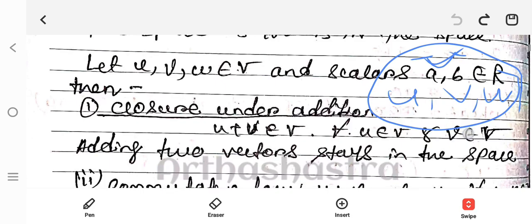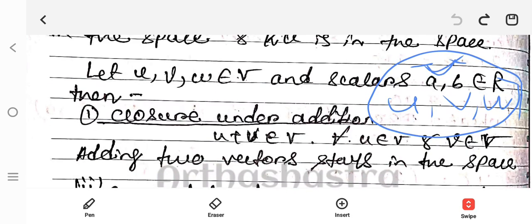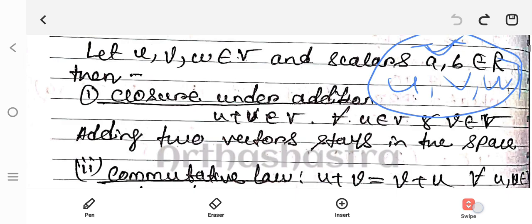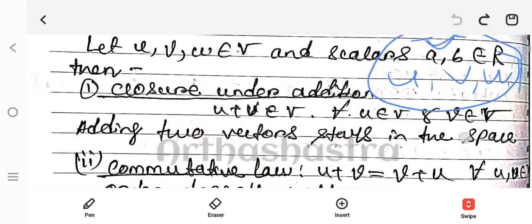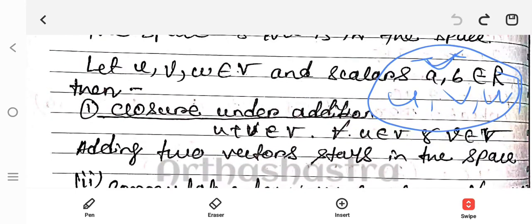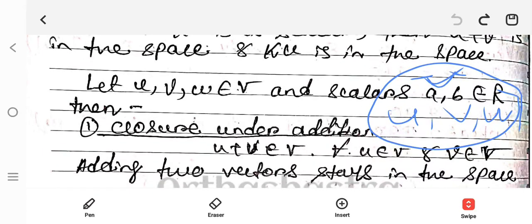Then we will say that this set V is a vector space if it holds the total 10 properties.